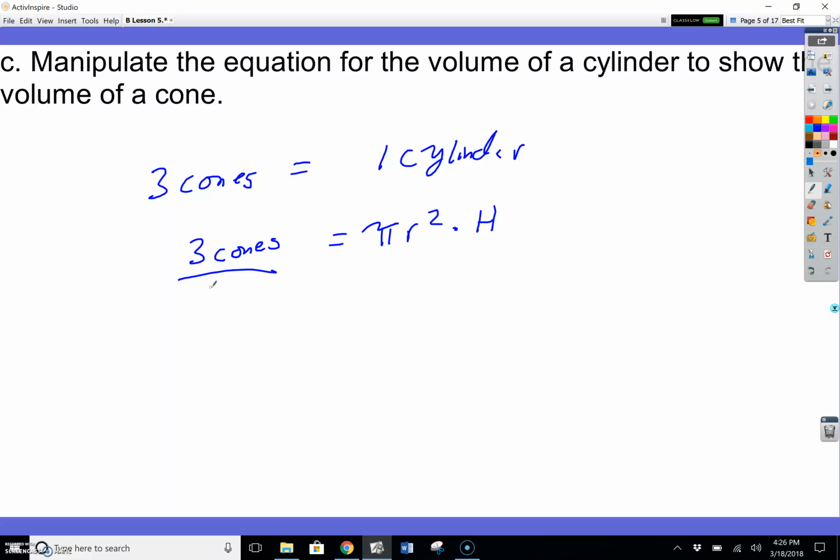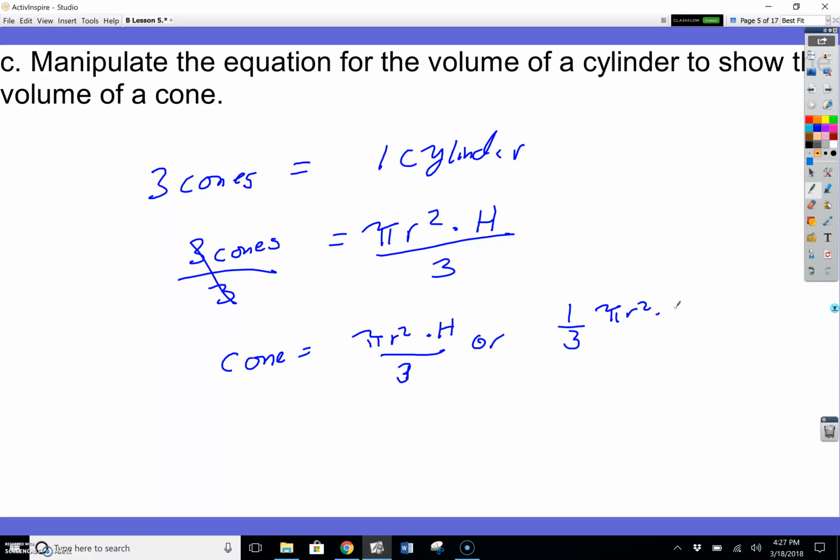Therefore, if I want to figure out what 1 cone is, all I would do is divide by 3, and I would get the formula of a cone is equal to pi r squared times the height all over 3, or the same exact thing, just written with the fraction in front, pi r squared times the height times 1/3.